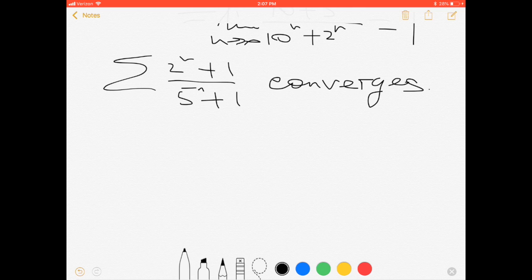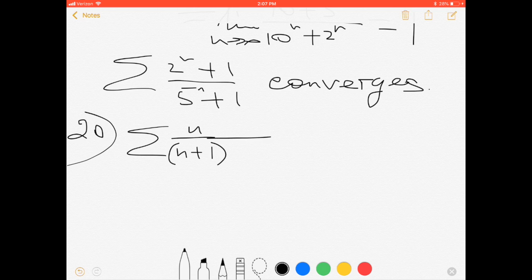Doing one more example, number 20. This means next example. n over n plus 1 times 2 power n minus 1, from 1 to infinity. I build second series.